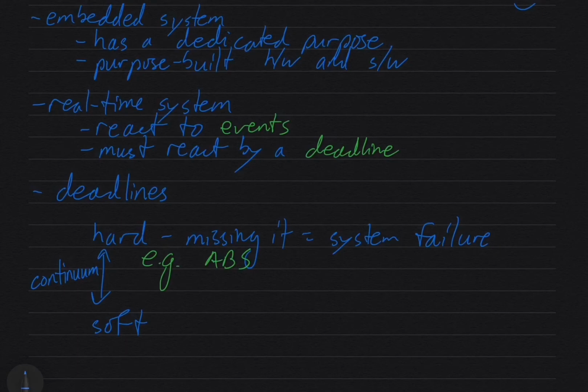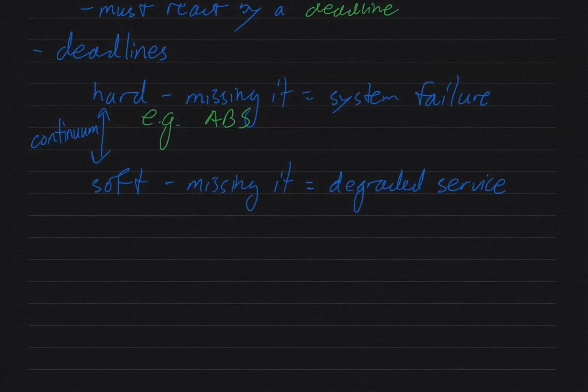Now at the other end, and what we've got here is a continuum, at the other end we have soft deadlines. So missing a soft deadline means that you're going to have degraded service. So the system continues to function. The classic example of this is streaming audio. I was looking this up earlier, and it will depend on the encoding and the protocol, but when you're streaming audio, you're looking at something like 50 packets per second.